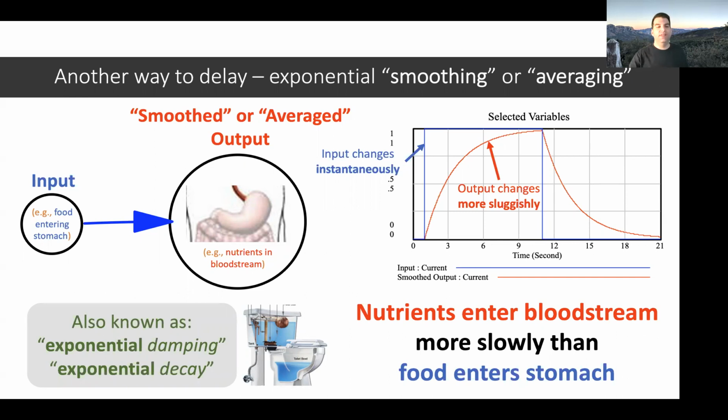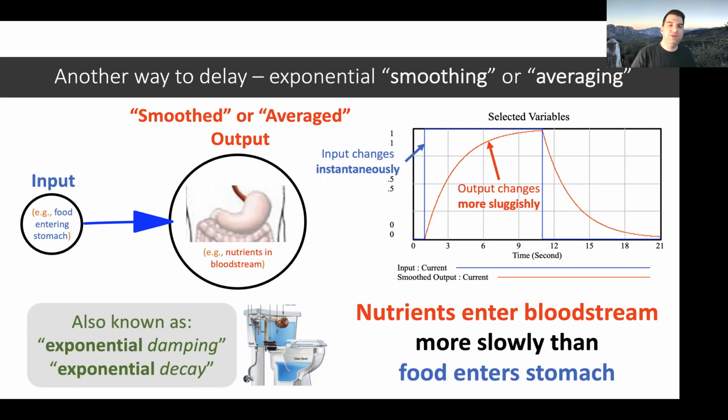And this should remind you of the toilet flow example, where the toilet suddenly becomes empty, but the water that enters the toilet enters it more sluggishly, so that you do have some water that enters the toilet immediately, but the water that ends up filling the toilet to its set point takes a very long amount of time to arrive.